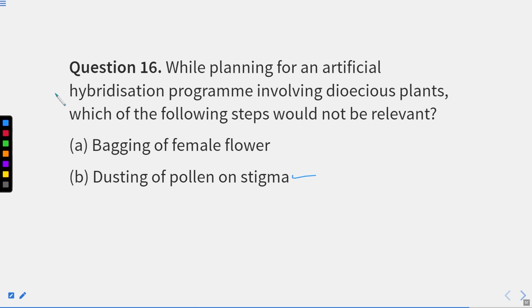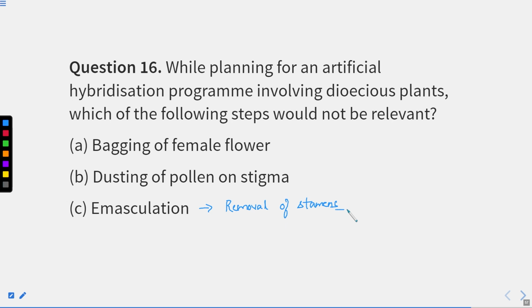Artificial hybridization is carried out by humans. Option C is emasculation. What does emasculation mean? It means removal of the stamens, which are the male reproductive parts in plants.